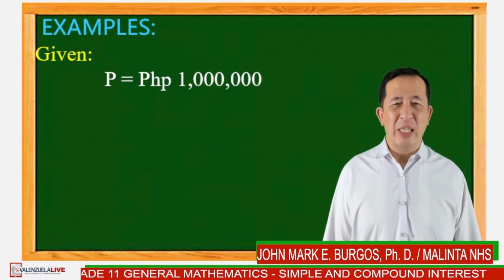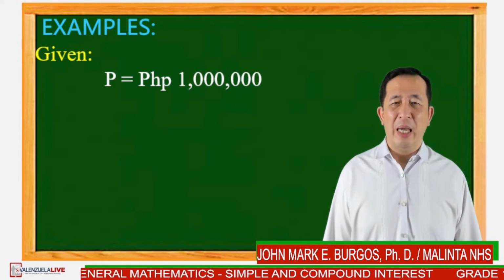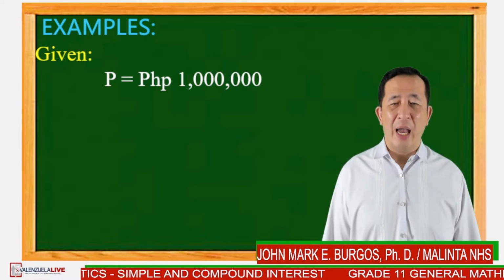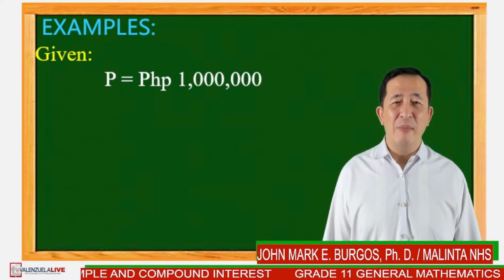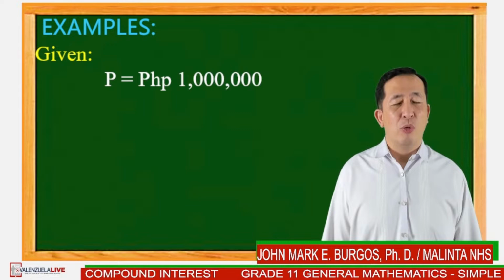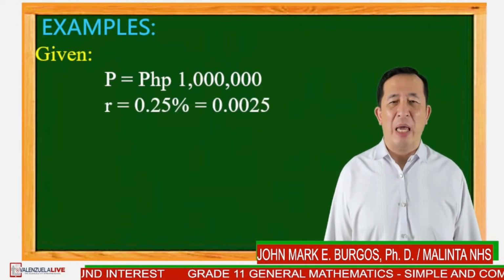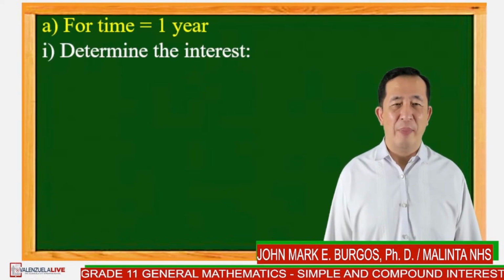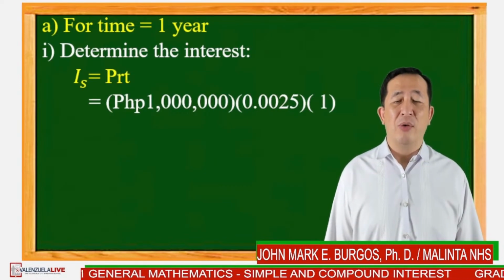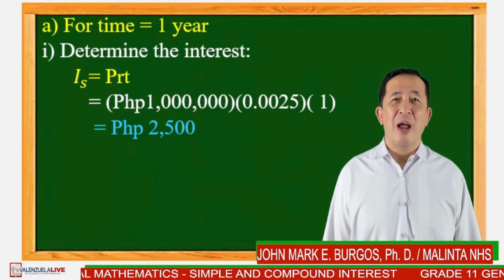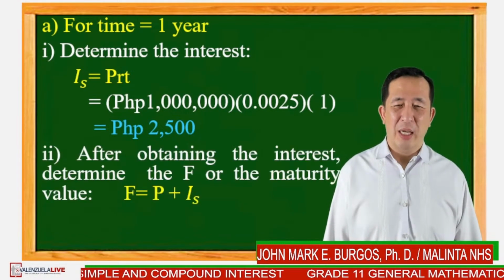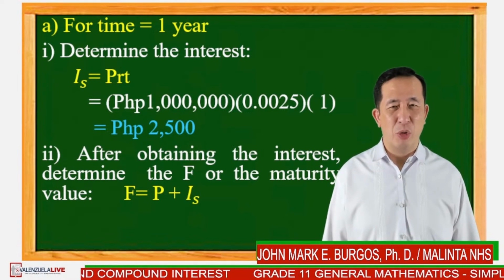For the first year, it will be determining the interest, which is I is equal to P times R times T. To substitute the value, it will be 1 million pesos times 0.0025 times 1. The interest will be 2,500.